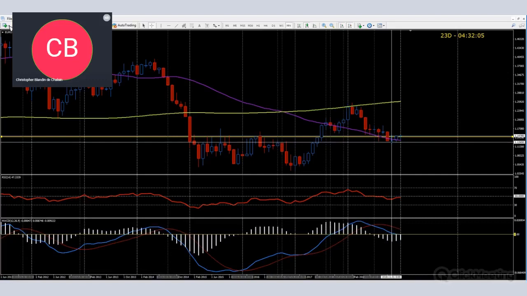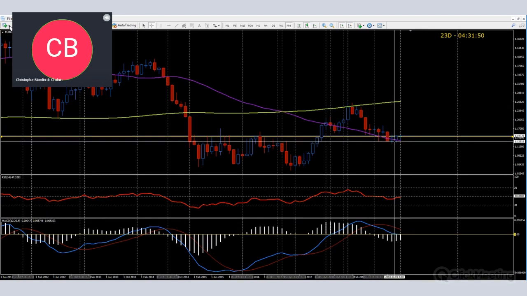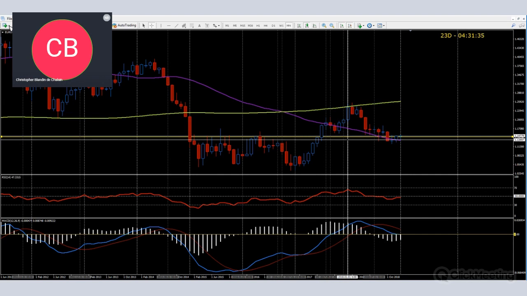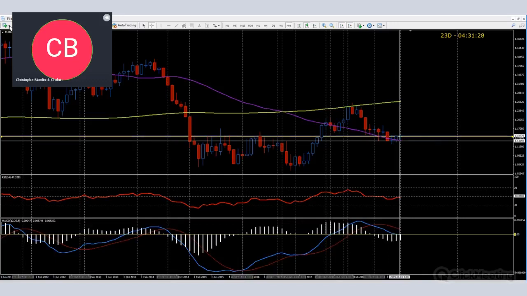However, if we're looking for continuation of trend, November and December did not give us one, because both candles failed to continue to drive lower sentiment. Price is now reattempting, and the December candle has closed above the 50 moving average.